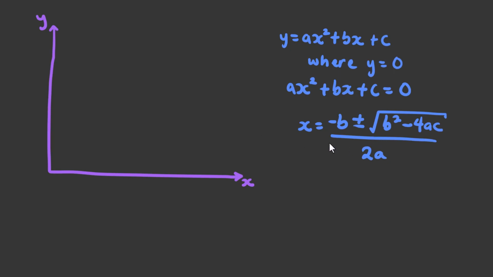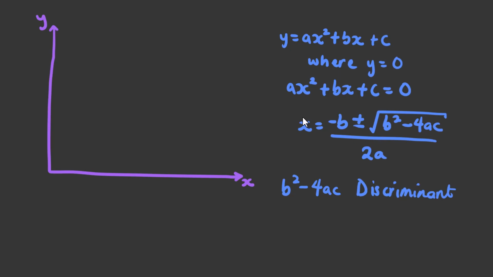What does this mean? This means that we can have three conditions, and these conditions depend heavily on this segment of our equation, known as the discriminant. The discriminant helps us determine what solutions we have for x.